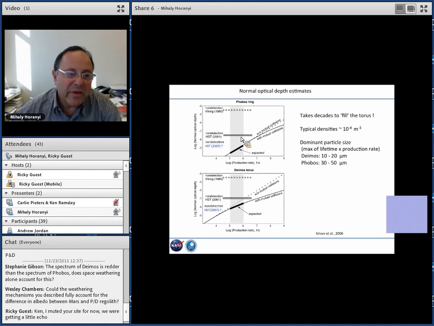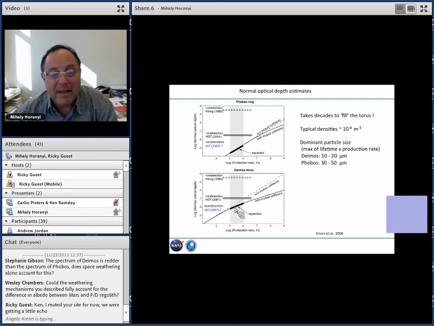The search went down to 10 to the minus 7, 10 to the minus 7.5, and the expected optical depth is much below that, certainly for Phobos, and we are at least an order of magnitude away for Deimos. So our best chance eventually is to do in situ measurements, just like we did around the moon. If you could fly around, or at least have close flybys of Phobos and Deimos, you have a chance to find these clouds.